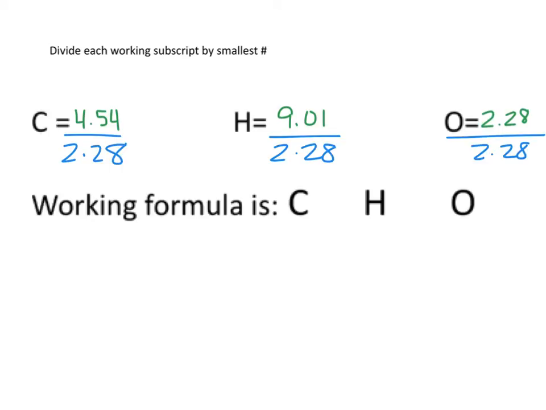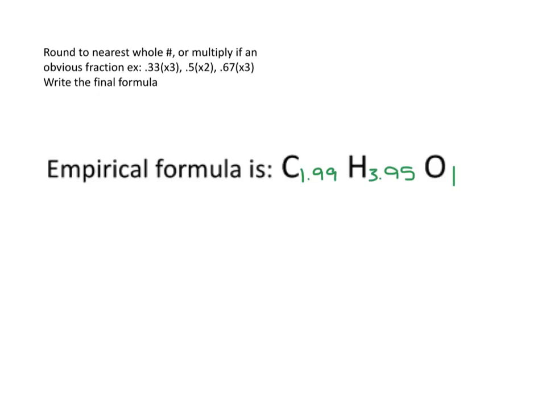Okay, so when we do that division, we get 1.99, 3.95, and the value 1. Because all of these numbers that we got for our working subscripts are very close to a whole number, we can basically just round them to the next whole number. So the empirical formula for this compound is going to be C2H4O.